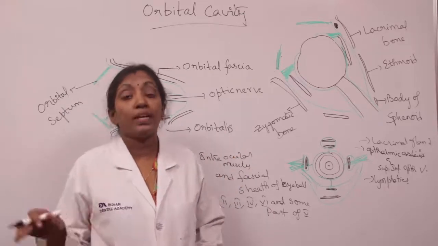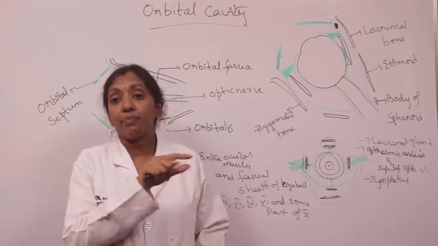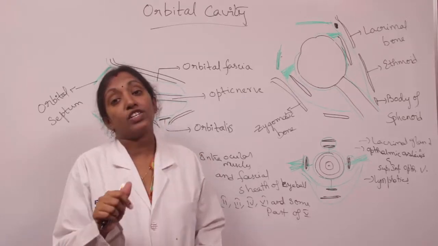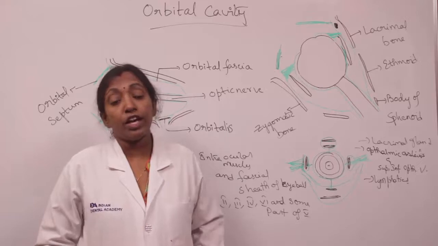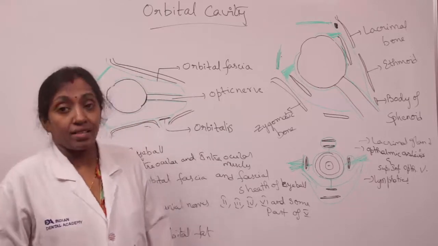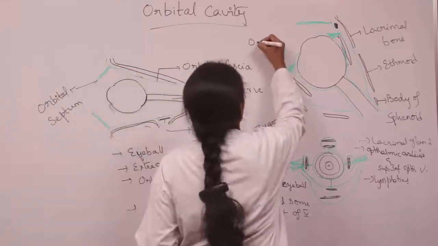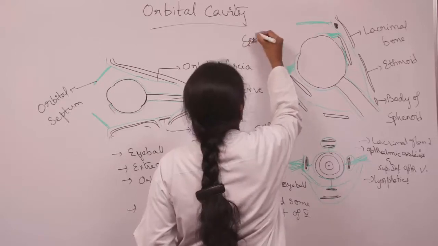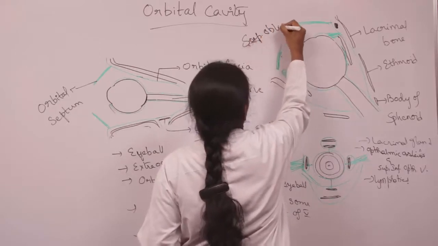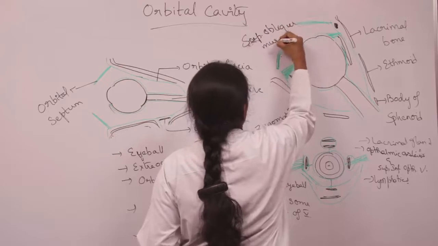You know that the superior oblique muscle has a fibrous pulley, and the orbital fascia bridges the tendon of the superior oblique muscle. The superior oblique muscle is a voluntary muscle of the eyeball.